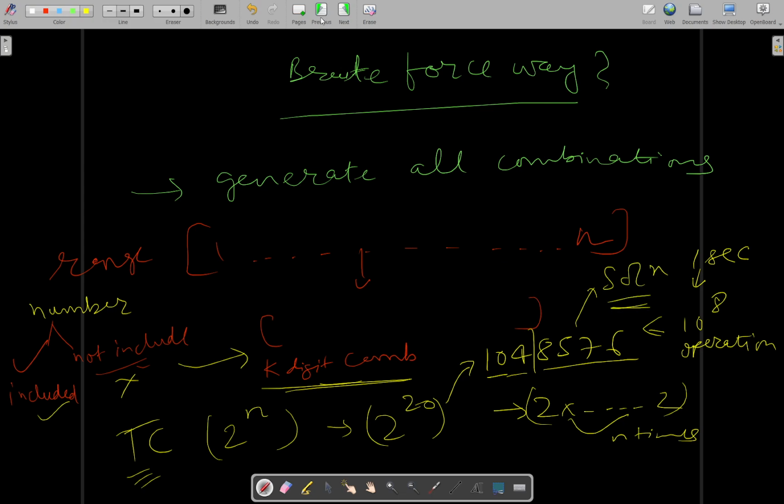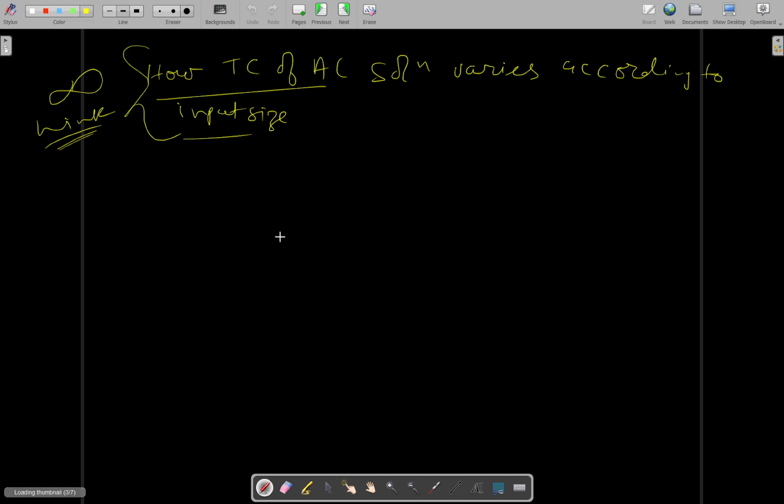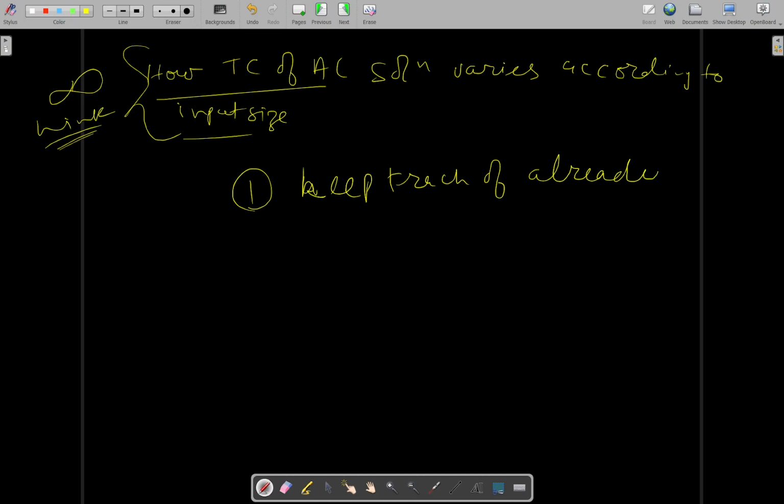But there are two trickier parts in this solution. Number one, how will we keep track of already included numbers?